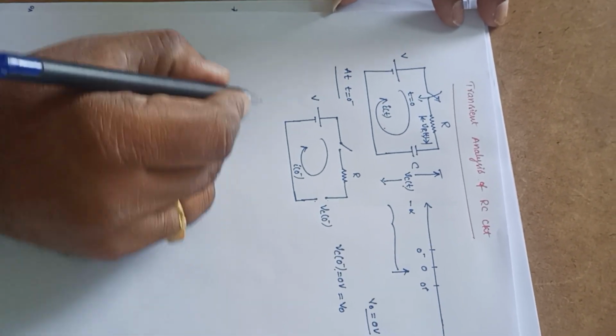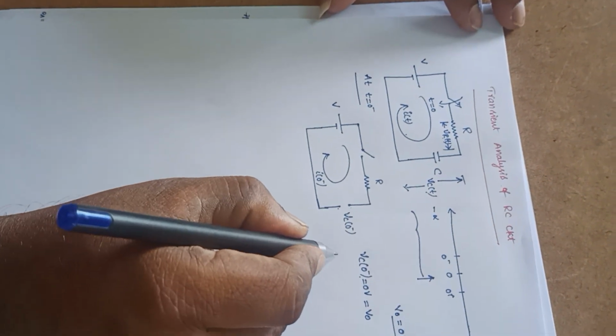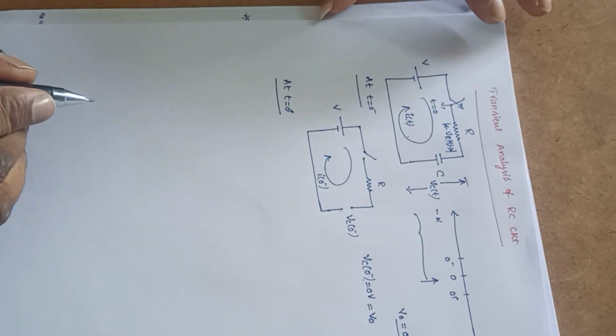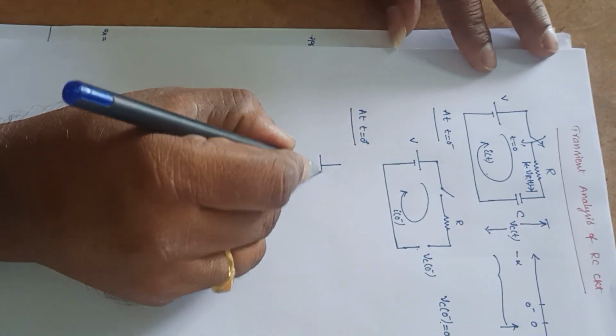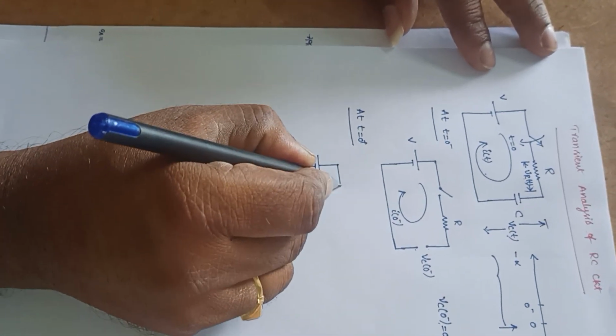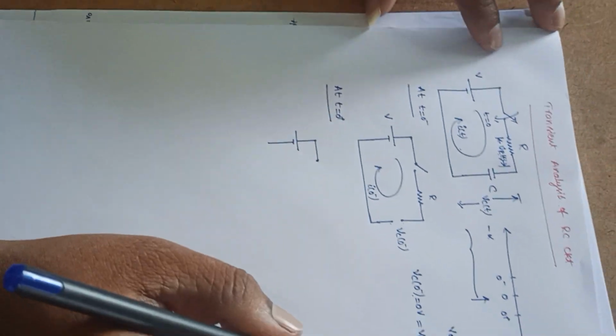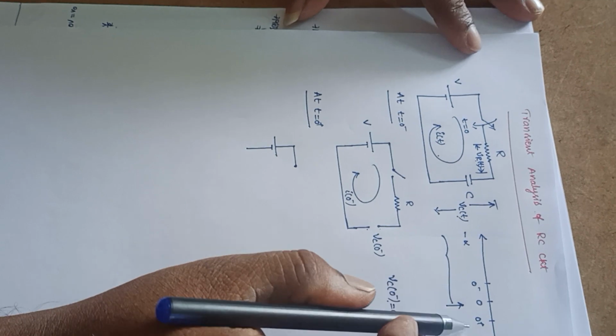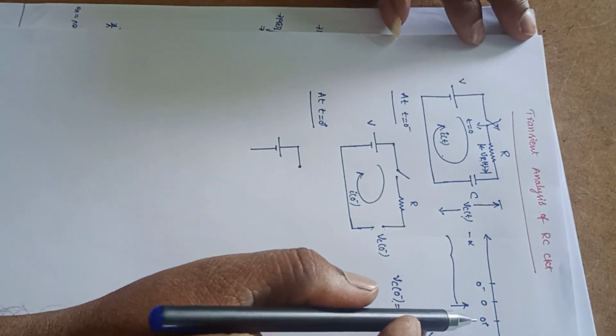And at t equal to 0 plus, let us draw the circuit. The switch is closed here, because at t equal to 0 plus is just after the switching action is done.